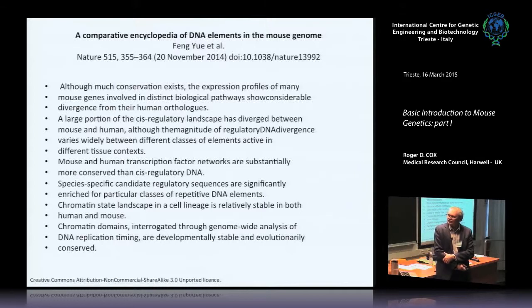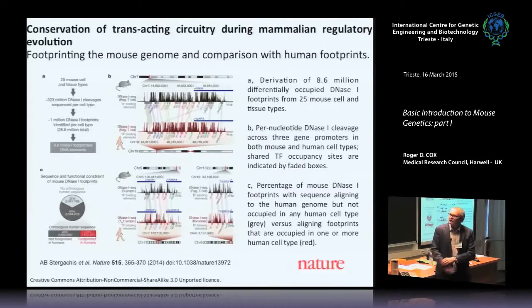There are differences between mouse and human, and there are differences in the way genes are regulated. But at the higher level of gene networks and gene controlling phenotypes, a lot of that is conserved.